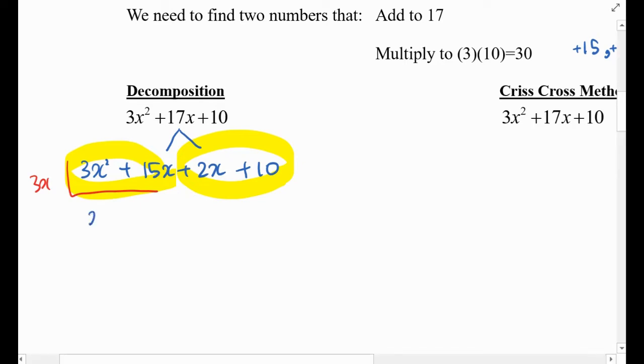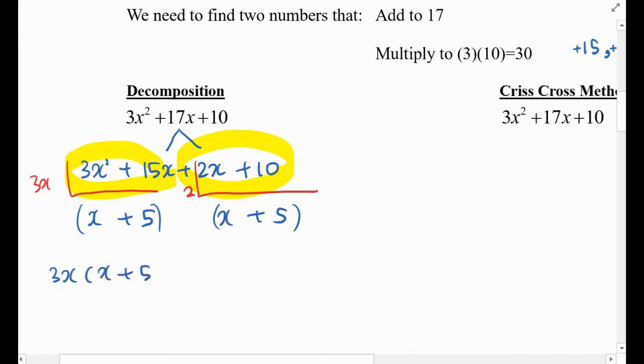Then x plus 5. And again, factor out the GCF, which is 2. Then x plus 5 again. So therefore, it is 3x(x plus 5) plus 2(x plus 5).